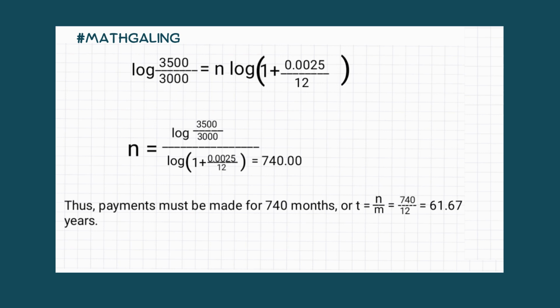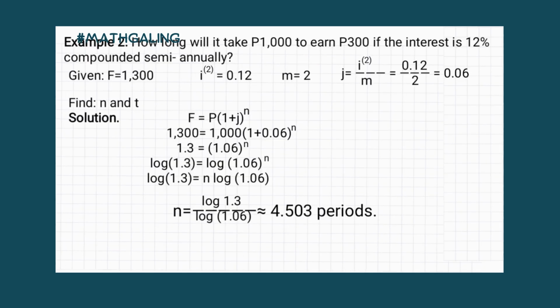So the next example is, how long will it take 1,000 pesos to earn 300 if the interest is 12% compounded semi-annually.